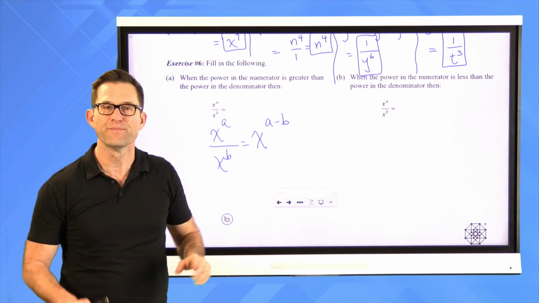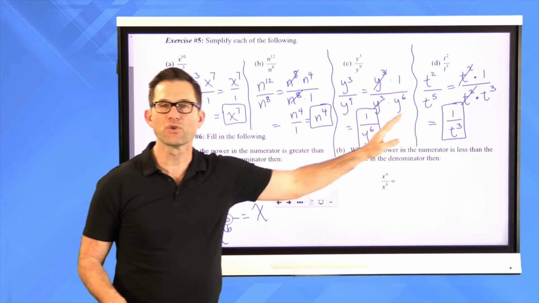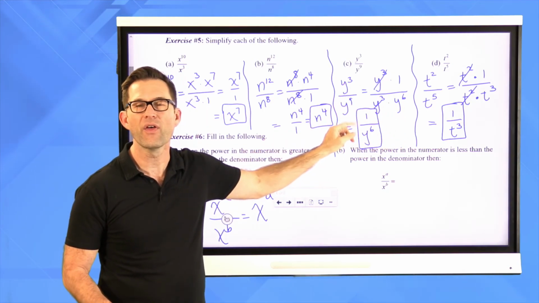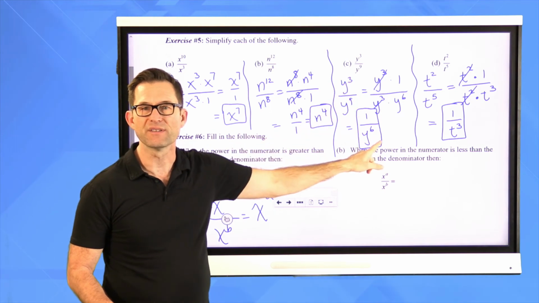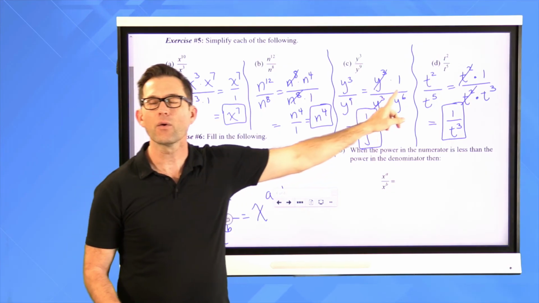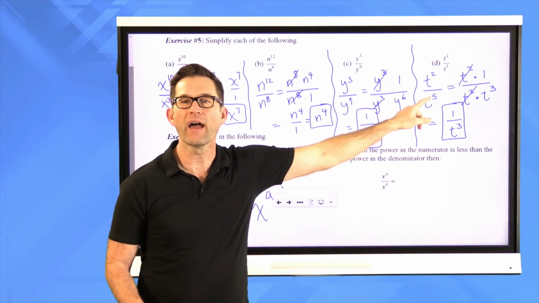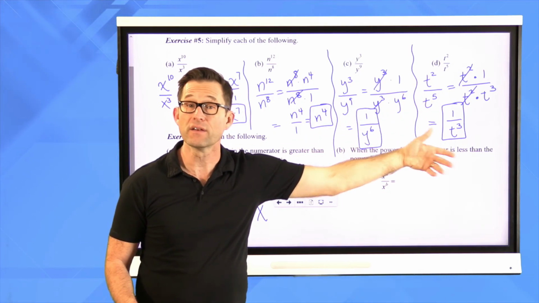On the other hand, when we had the other situation over here, we had y to the third over y to the ninth. Now we had 9 minus 3, which gave us 6, and we had 1 over y to the sixth. Here we had t to the second divided by t to the fifth, and we got 5 minus 2, which is t to the third, but it's in the denominator.